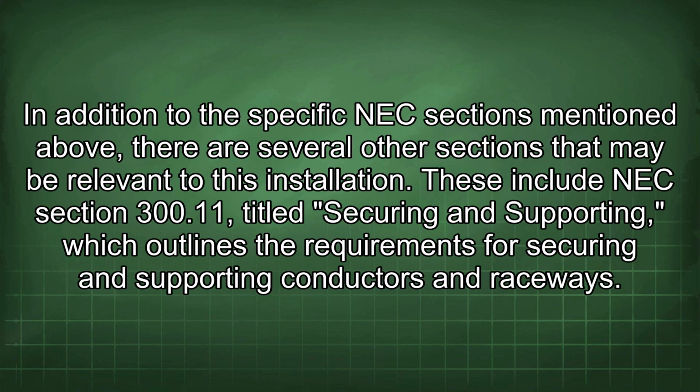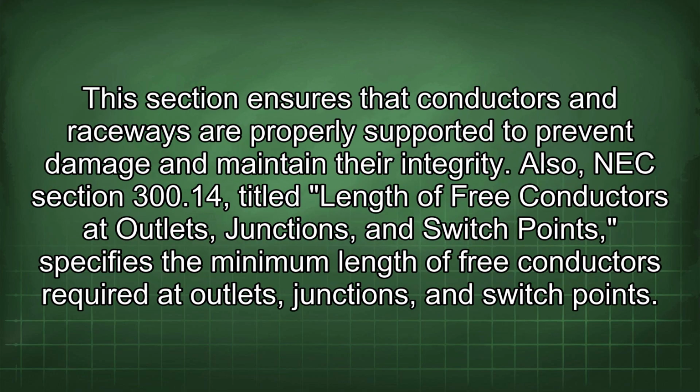In addition to the specific NEC sections mentioned above, there are several other sections that may be relevant to this installation. These include NEC Section 300.11, titled Securing and Supporting, which outlines the requirements for securing and supporting conductors and raceways. This section ensures that conductors and raceways are properly supported to prevent damage and maintain their integrity.